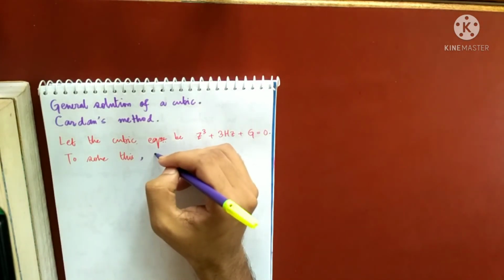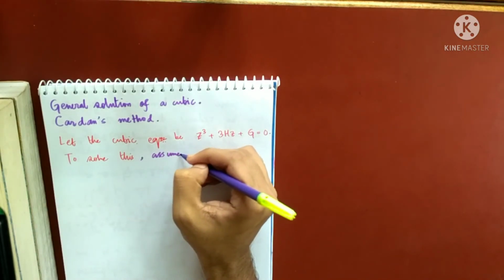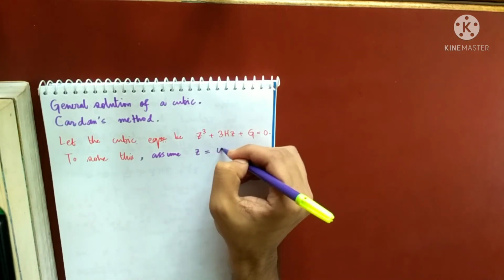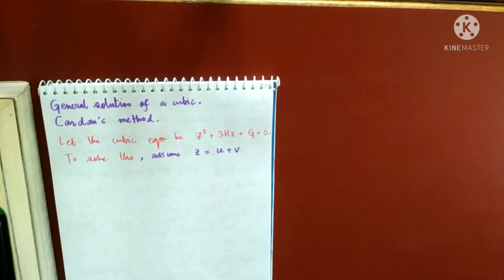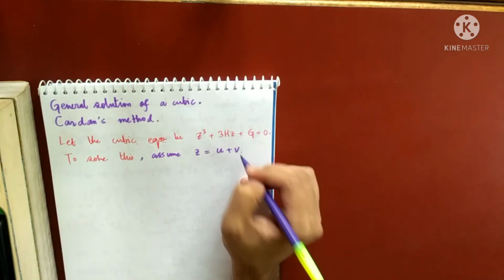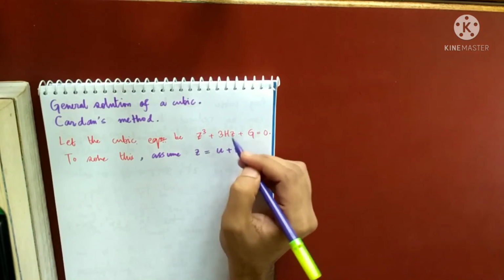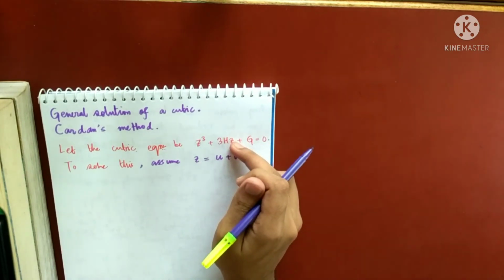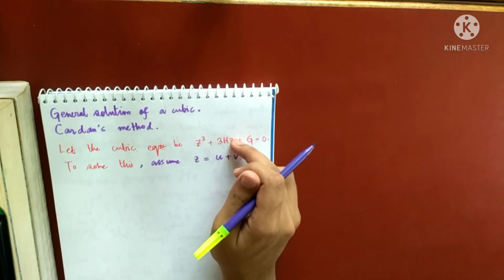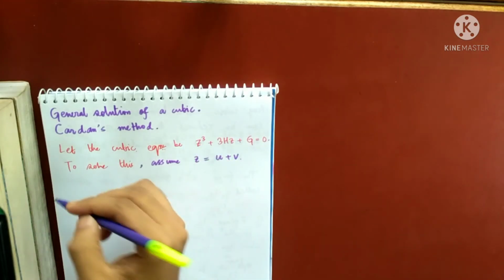assume z equals u plus v. So what Cardan said, to solve this equation, you start with writing z as u plus v. U and v are some numbers. So we are putting z equals u plus v here. So what will be z cube?